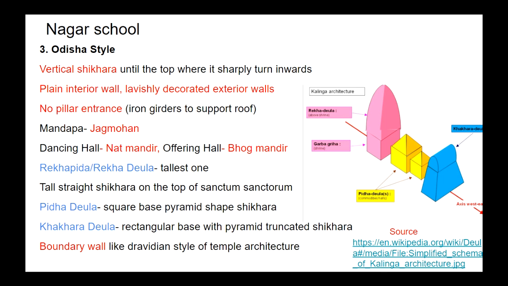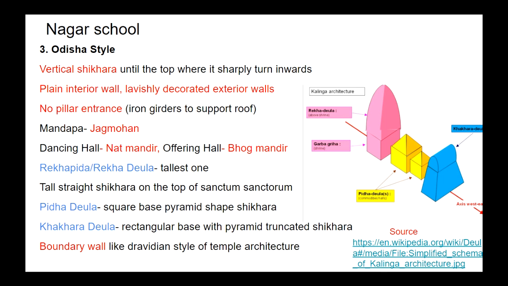Then second one is Pida Dula. It was square base pyramid shaped shikhar. So you can see in the figure, when you see from one side, you will find it is like a triangle. So it was pyramidal structure, Pida Dula.